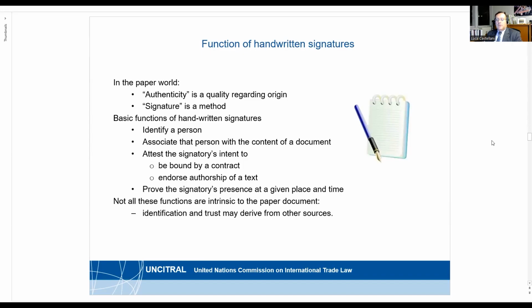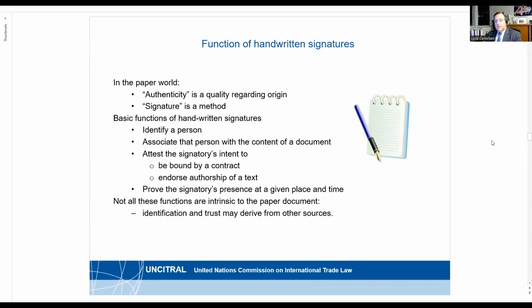Now going back to the notion of functional equivalence. The issue is what is pursued with the handwritten signatures. Handwritten signatures provide some information on the origin of a document.